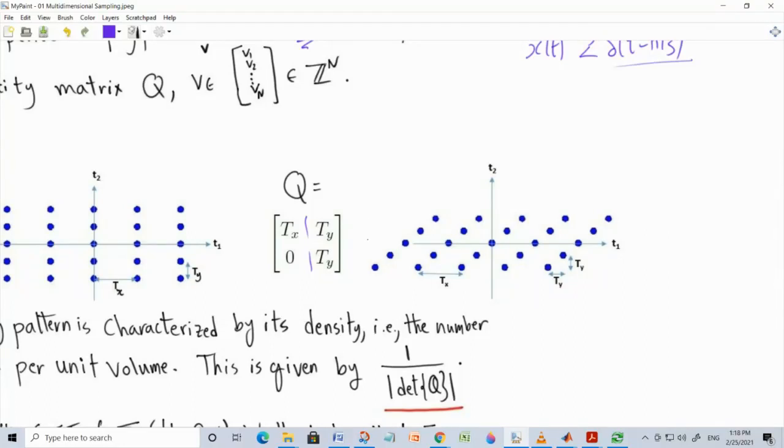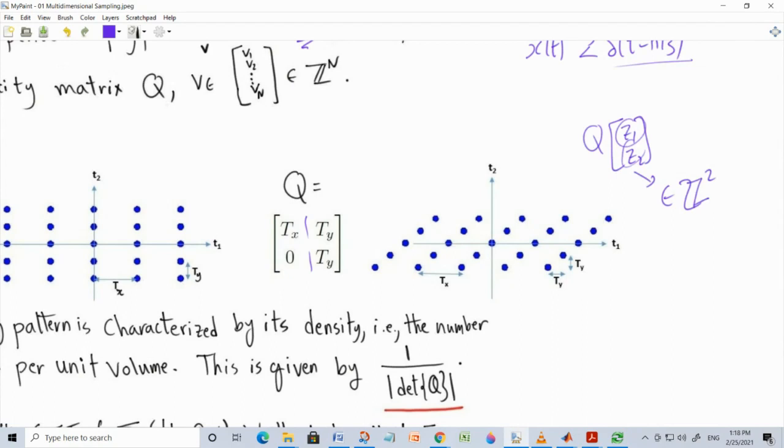Now if you take Q and multiply it by Z1, Z2, each one an integer, so living in the 2-dimensional integer space, then of course you'll get the origin when you multiply by 0, 0. But if you start sweeping through the values of the first component and the second component, you will get a pattern of sampling. Those are the locations or positions of the Dirac deltas that look like this.